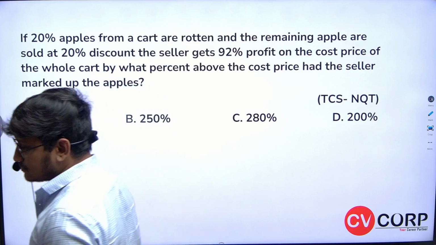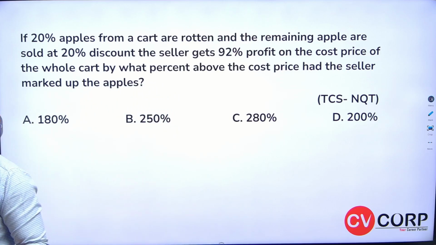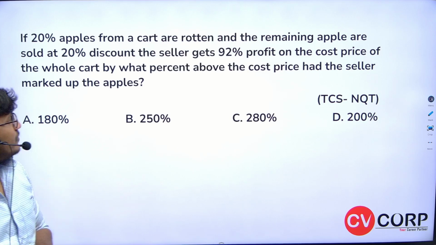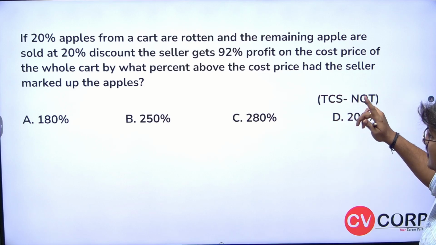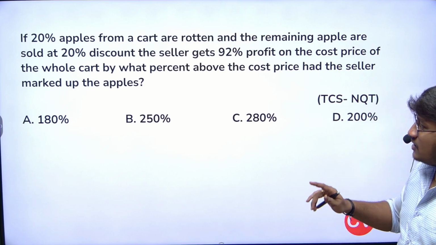Okay, try this question. If 20% of the apples from a cart are rotten and the remaining apples are sold at 20% discount, the seller gets 92% profit on the cost price of the whole cart.